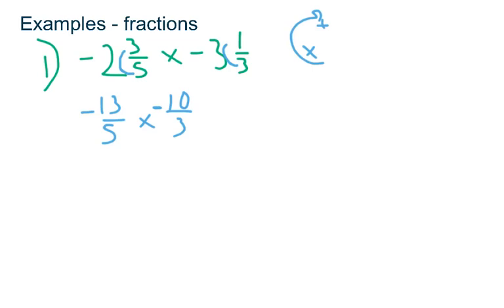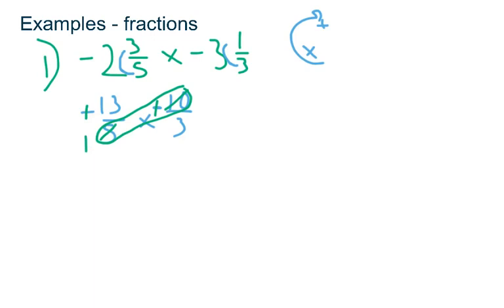So now I've got two things. First, I can realize that I'm going to have a positive number because I'm multiplying two negative numbers. And when you're multiplying two negatives together, they cancel each other out and you have a positive. So my final answer will be positive. Next, I can focus on multiplying my fractions. What I'm seeing is I can reduce the 10 and the 5, so I'll do that.